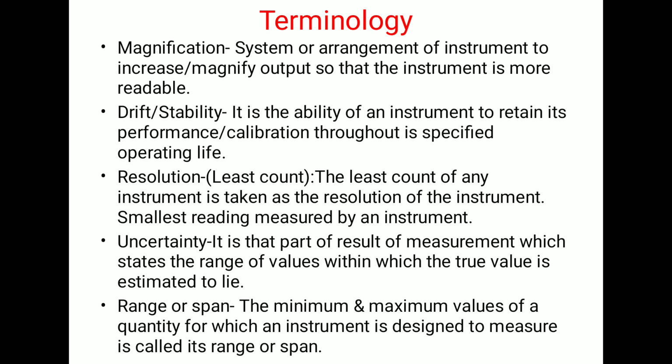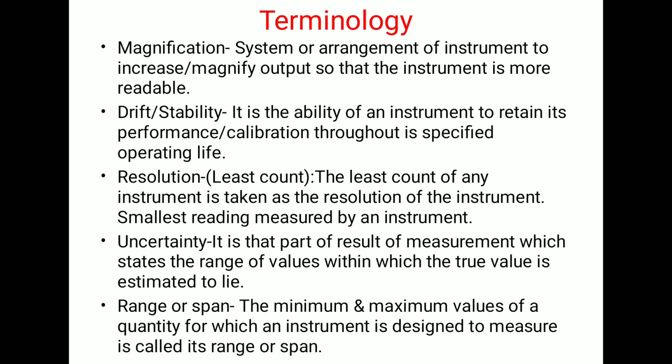The next point is uncertainty of the instrument. It is that part of the result of measurement which states the range of values within which the true value is estimated to lie. We know that instruments always give slightly different values of the measured quantity with repeated measurements.